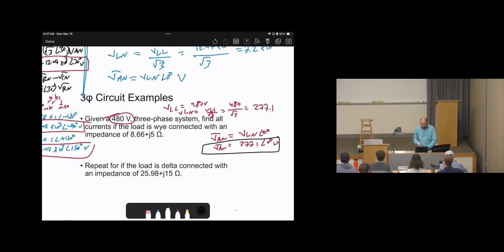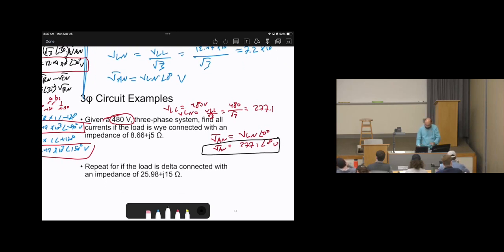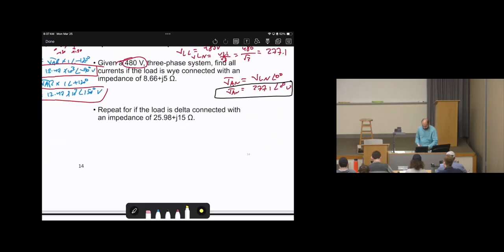The other scenario, which is the second example, repeats, but the load is delta connected. Okay, what should I do? If the load is delta, there will be a challenge. Okay, let's go to the load.